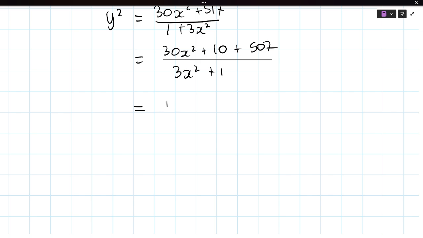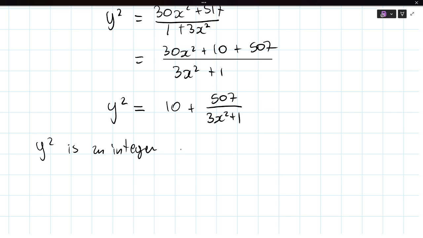Moving on. This becomes 10 plus 507 over 3x squared plus 1. Okay, now I can make a few observations. y squared is an integer, and it's a perfect square.